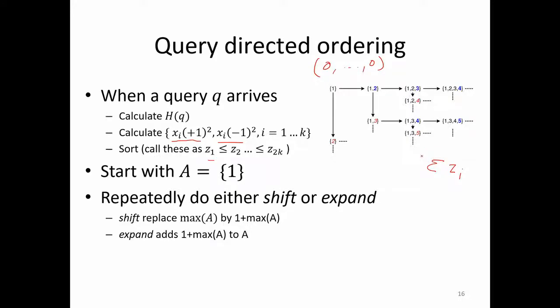You have to generate buckets with increasing score, where the score is the summation over Zi, for the i's that you have selected.